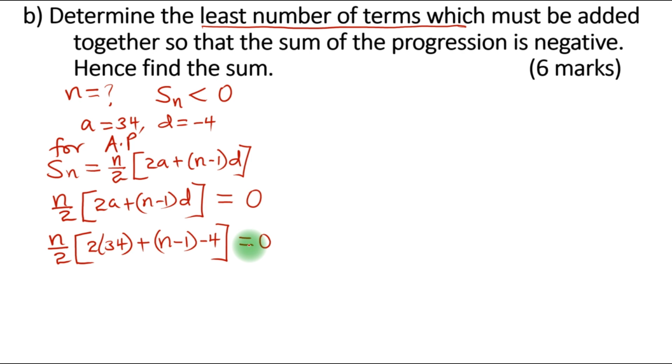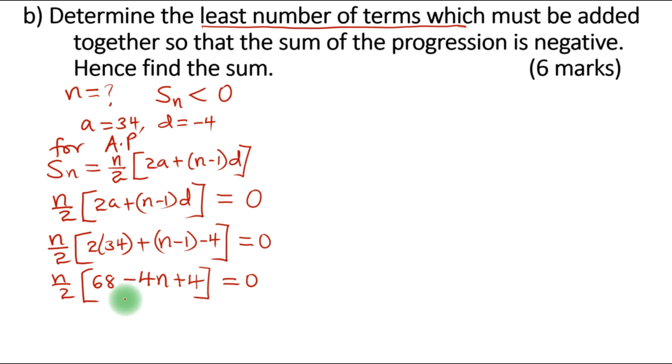The next step is that we have n over 2, then open the bracket, 2 times 34 is 68, then here we open the bracket, so we have n times -4, which will be minus 4n, then you have -1 times -4, which is plus 4, close the bracket, will be equal to 0.